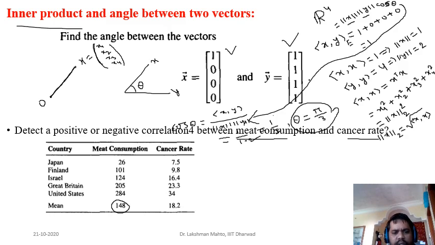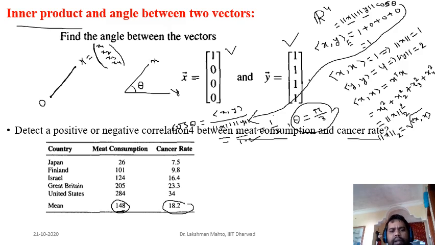With the help of the mean you can represent all the data. If you have information about the mean, then you can say most of the data is either less than 148 or greater than 148, that means near about 148. So you at least get a central idea regarding the distribution of data once you have an idea of the mean. That's why we have calculated the mean, and this one is the mean of the cancer rate.